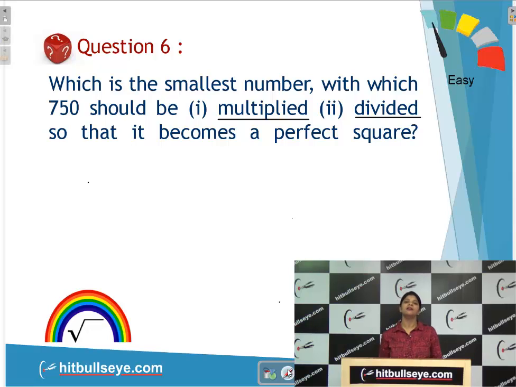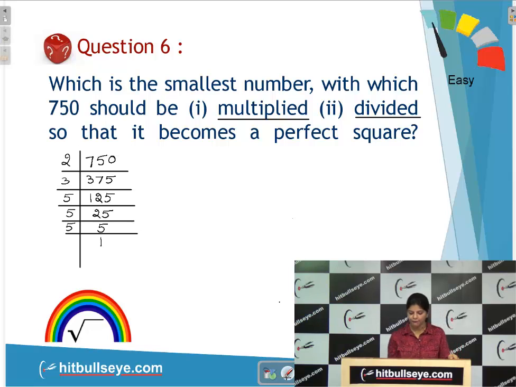We use the factorization method of finding the root. Hence we start making the factors of 750. Now once we have completed finding the prime factors of the number 750, here we write them in the expanded form.